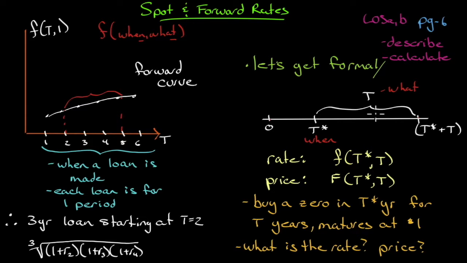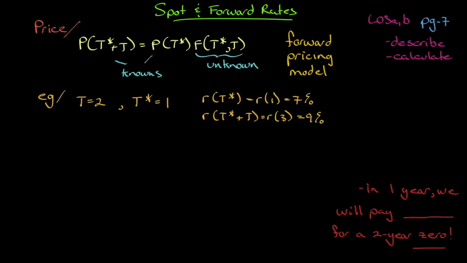But again, we want to get more formal. We want to express it in terms of T star and T. Of the forward rate and the forward price, let's focus right now on the price, the discount factor. So we're going to introduce something called a forward pricing model, and since we're dealing with price, we should have a capital F, and we do have a capital F here.